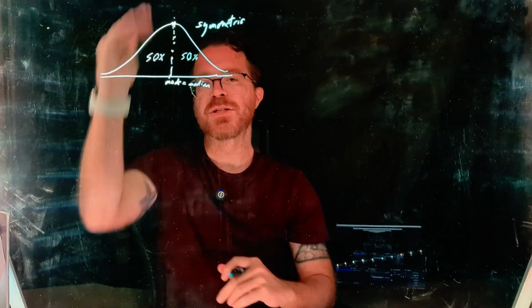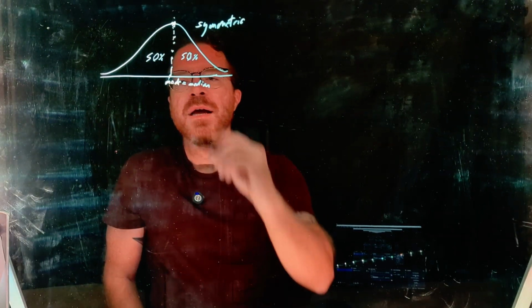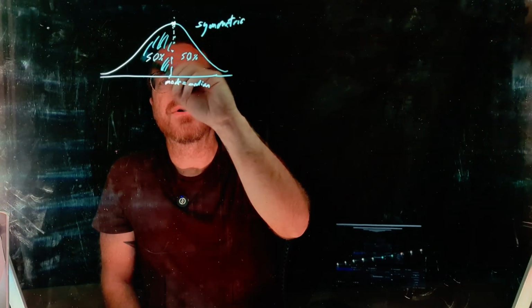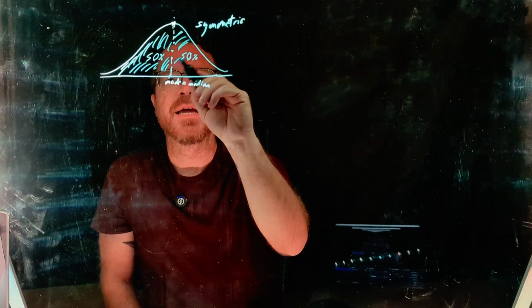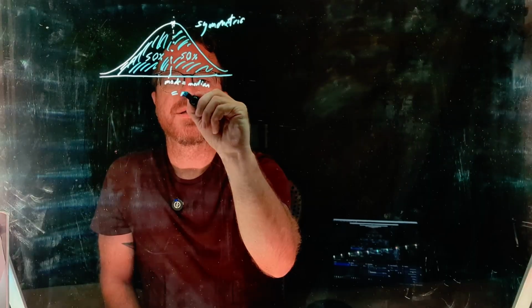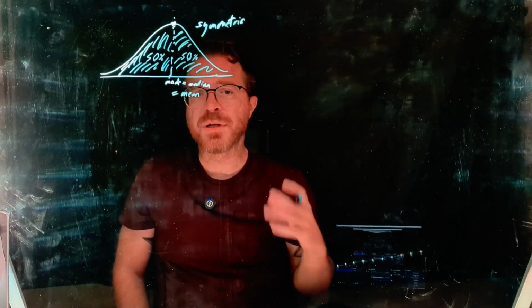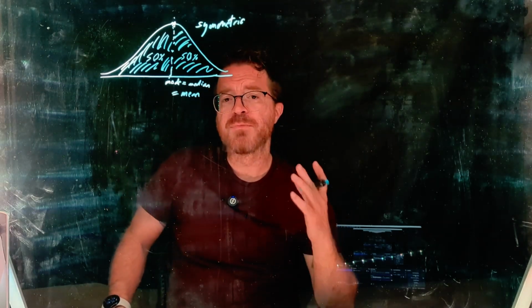The height of this graph represents the magnitude, or how much of the data falls there. So this actually means that if just as much data falls to the left, not just the number, but how much of it, how big it is, as to the right, then this center point is also the mean. So when you have a perfectly symmetric normal distribution like this, your mean equals your mode equals your median.